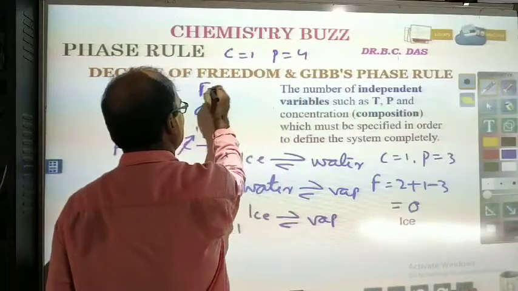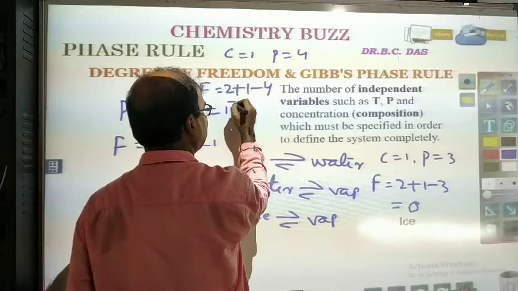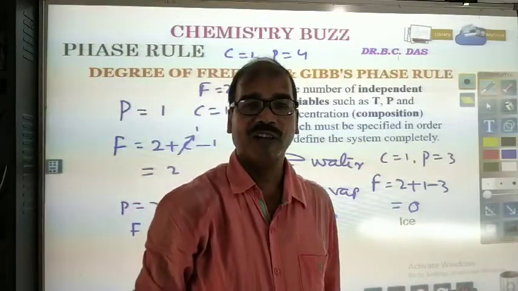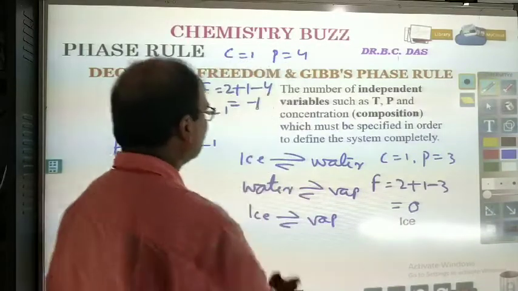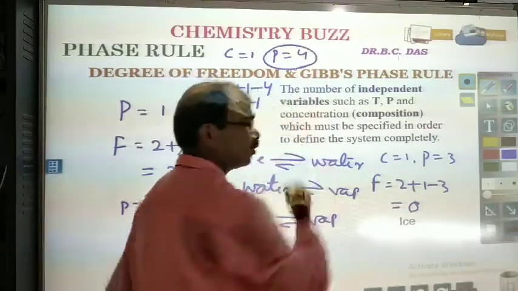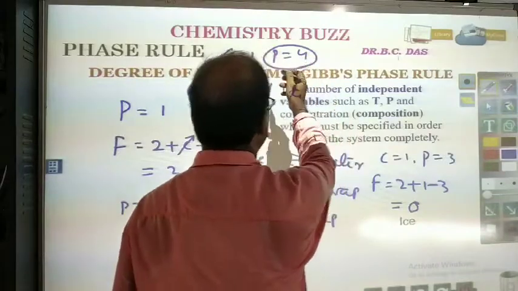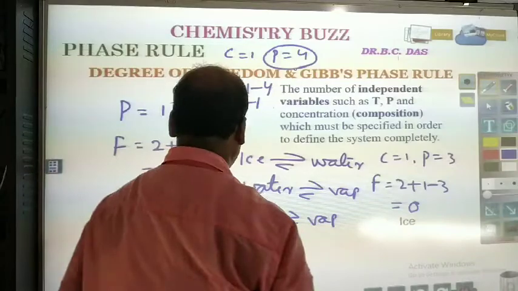Then F is equal to 2 plus 1 minus 4 is equal to minus 1. So degree of freedom is minus 1. The degree of freedom cannot be negative. So for a single component system, four phases cannot coexist.